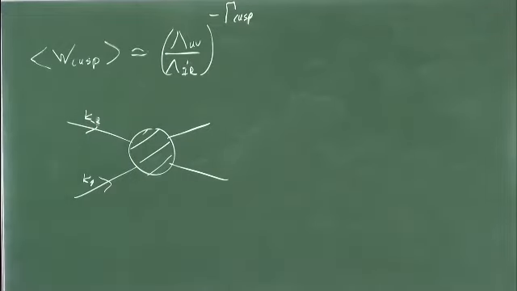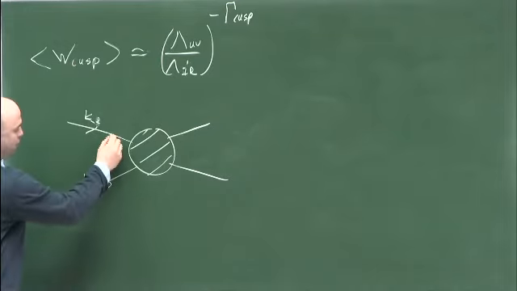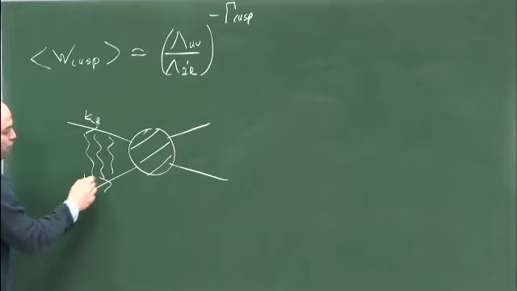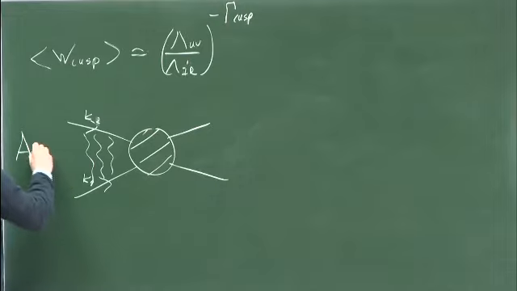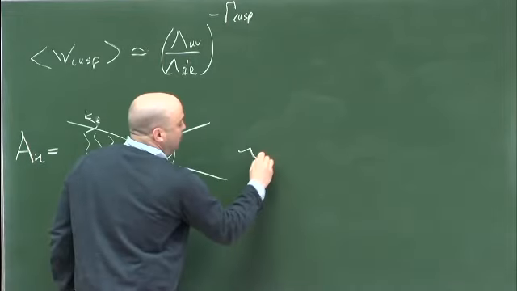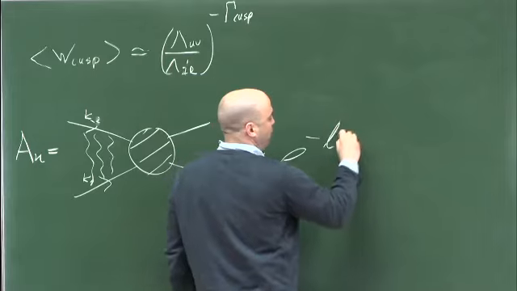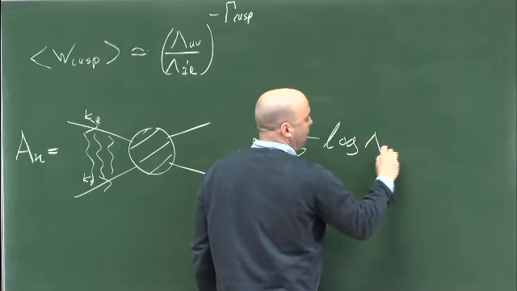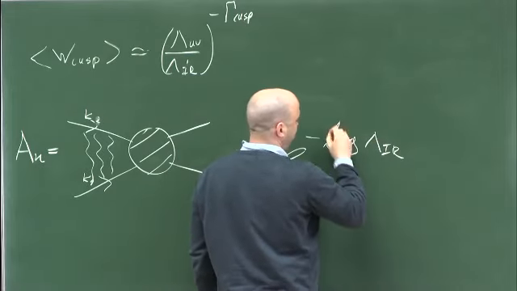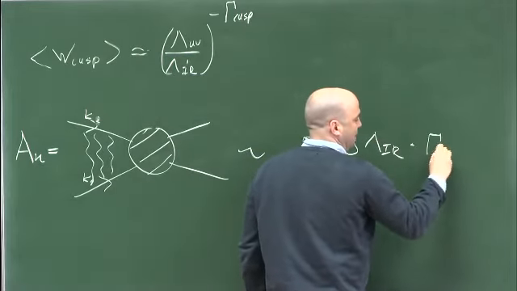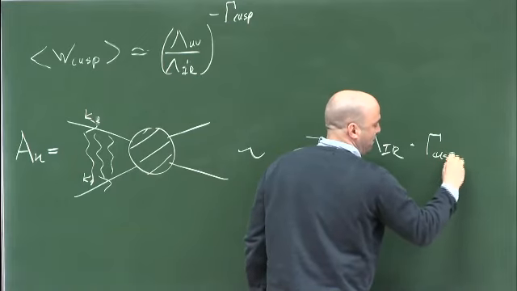Such a scattering amplitude is known to be exponentially suppressed due to the exchange of many soft gluons between the external on-shell states. So such an amplitude, say A_N, has a suppression factor that goes like e to the minus log of the IR cutoff times, again, the same gamma cusp.